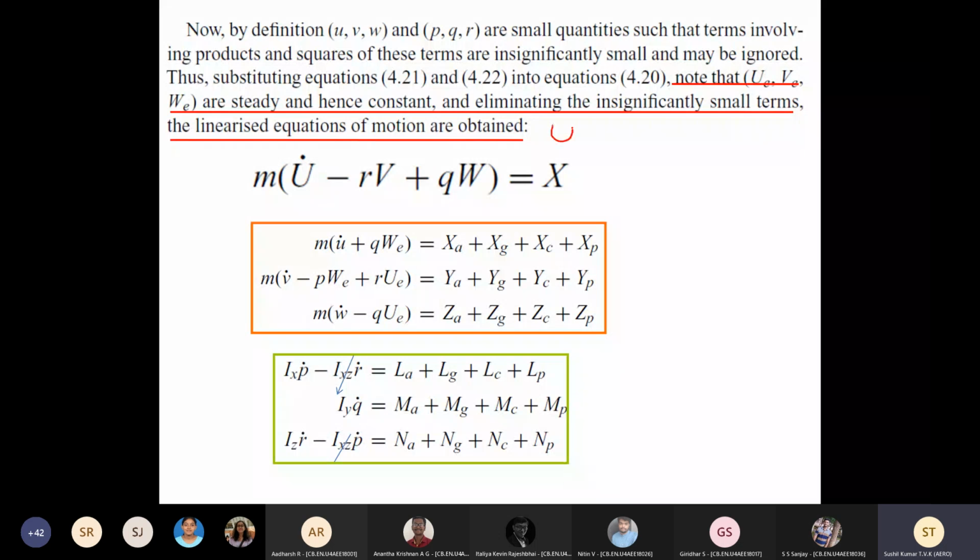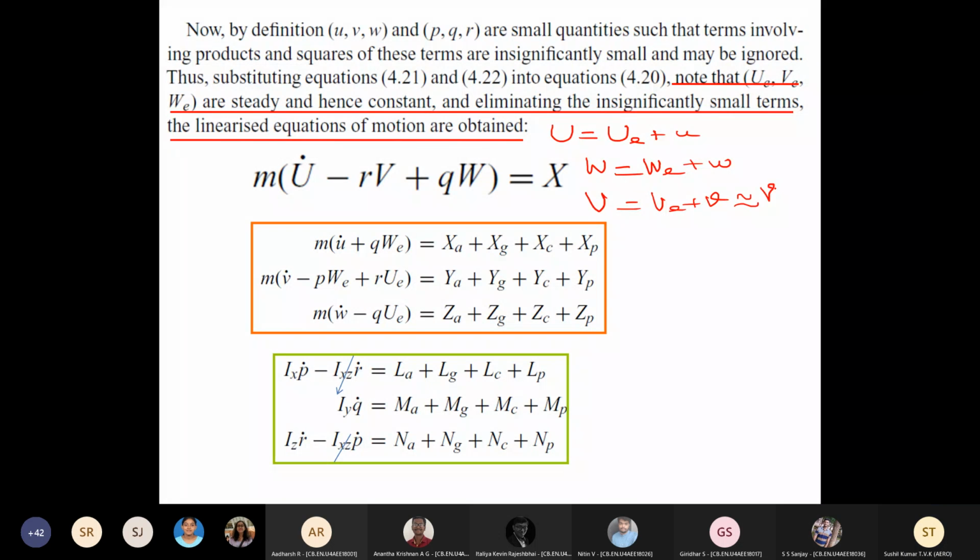I'll say U is nothing but capital UE plus small u. Similarly, W is equal to WE plus small w, and V is equal to VE plus small v, which because there is no side slip, I can always say it is small v.